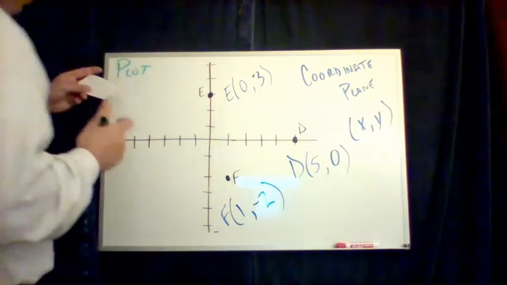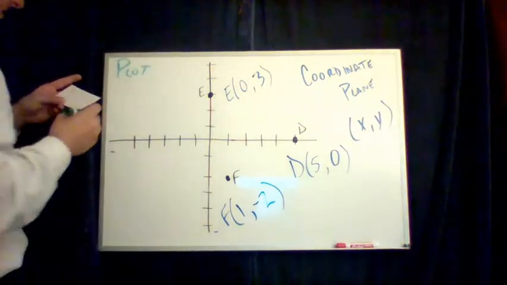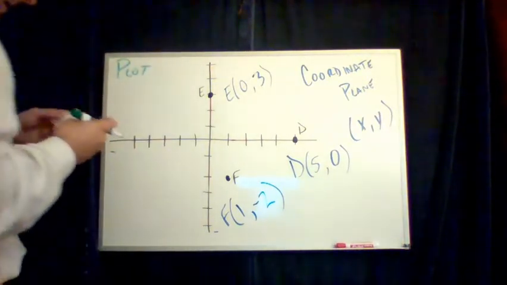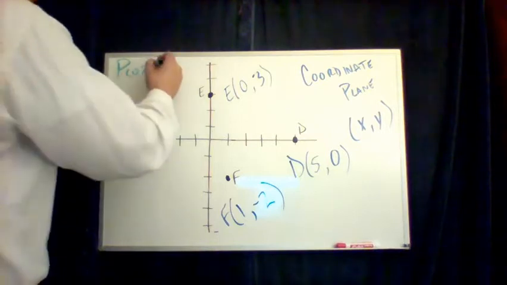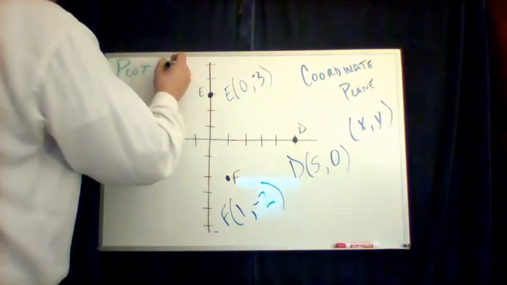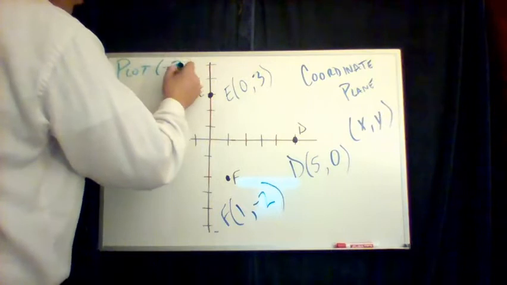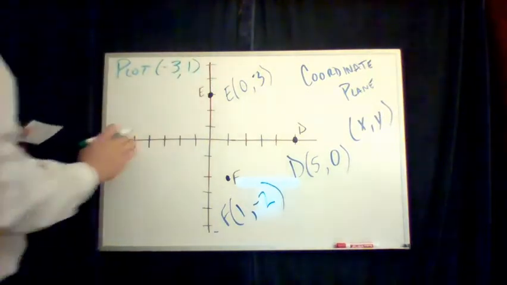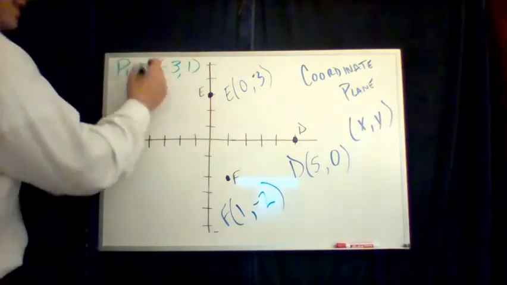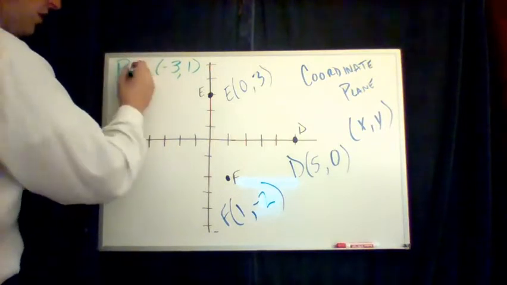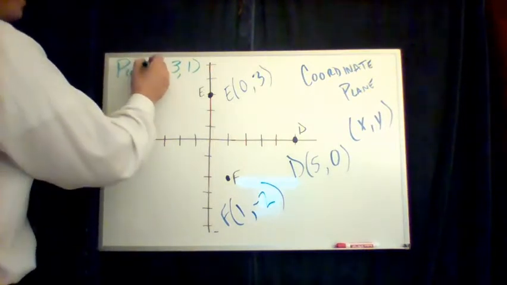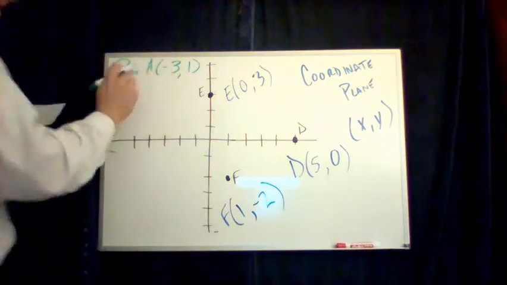We're going to plot these points, okay? I want to plot, let's go -3, 1. Let's plot, and we're going to call this point A, okay?